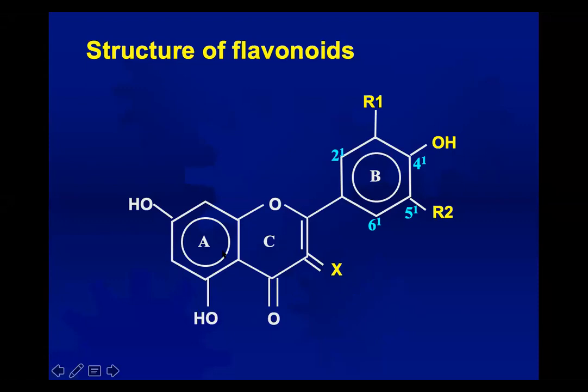Similarly, in most of the flavonoids, the 5 carbon and 7 carbon naturally contain hydroxyl groups, and here the 3 prime, 4 prime, 5 prime can be hydroxyl group or methoxy group and some other substitution. So the flavonoid basic structure can be substituted by different hydroxyl, methoxyl, or sugar moieties and can produce different compounds.